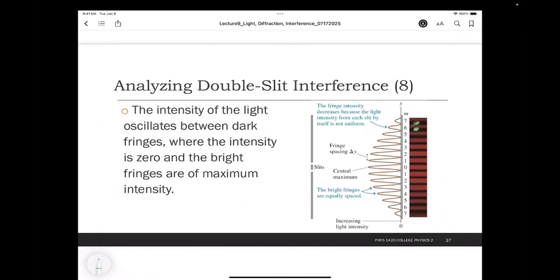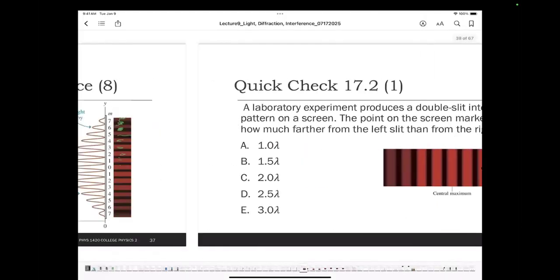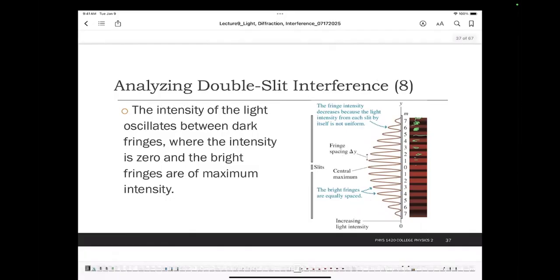So you cannot see anything. But at the bright fringe, it is the maximum intensity, so you can see all the light. Does it make sense to you?